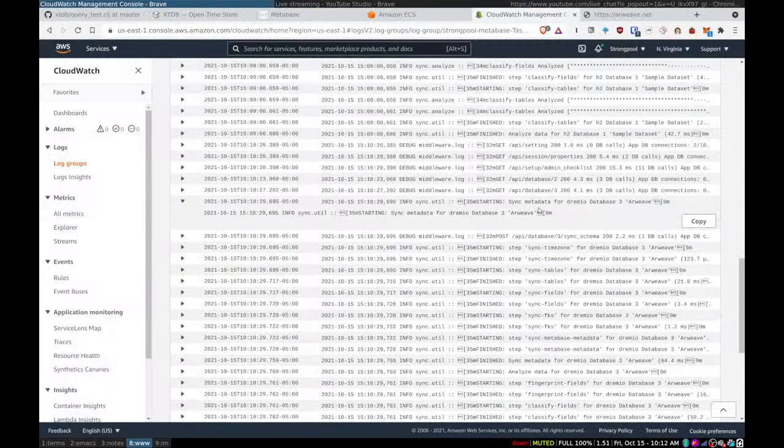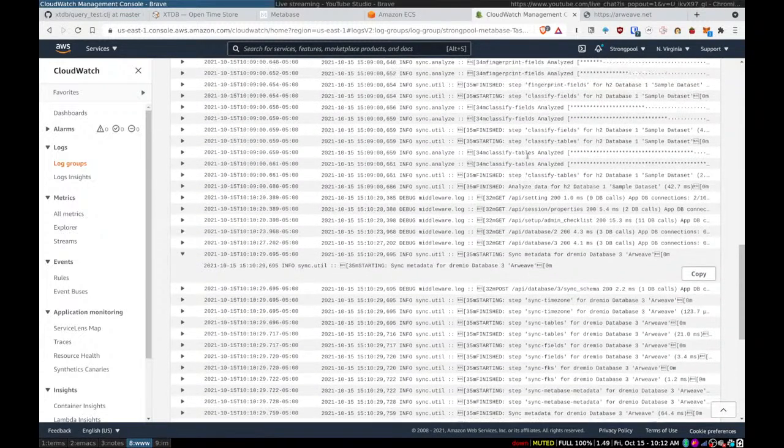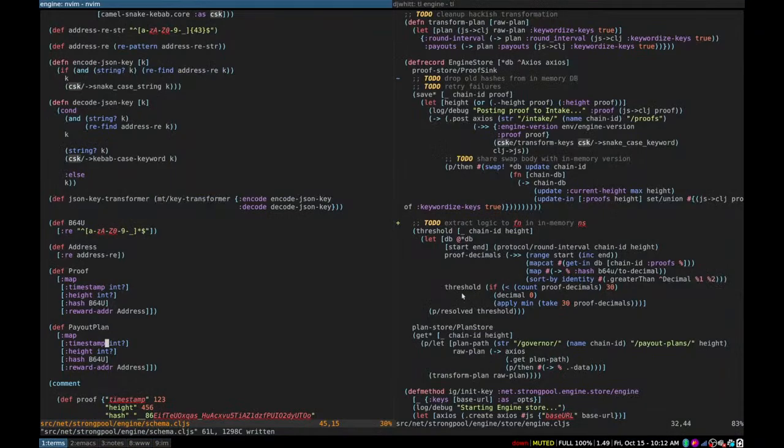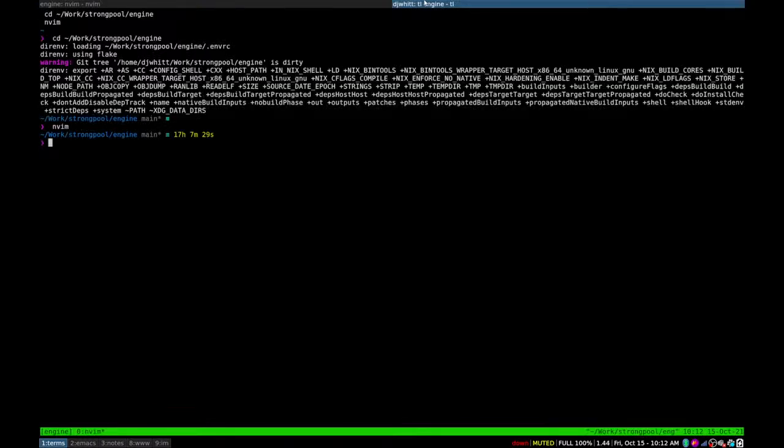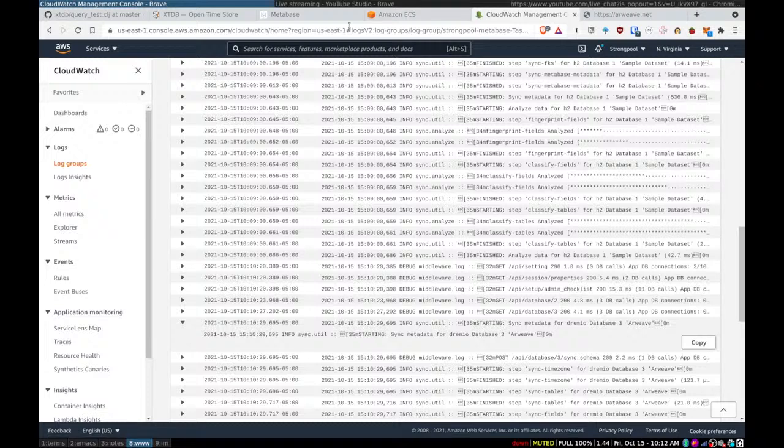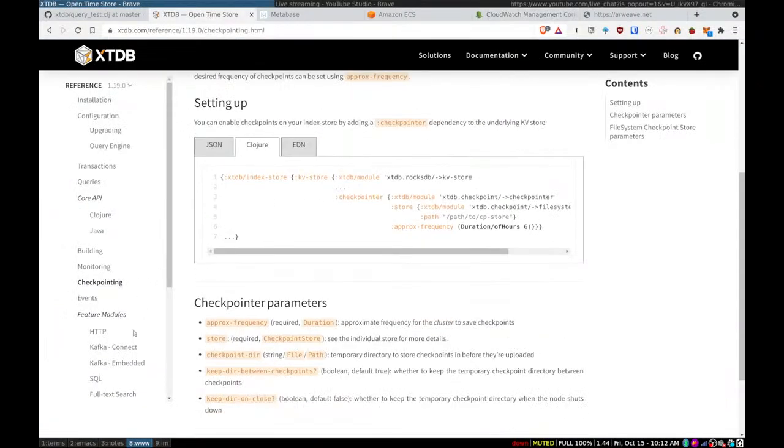Sync, yeah, sync metadata. Let's try, okay. Oh man, I always forget the name of that thing. I'll have to look it up. There's a command line tool, but I use it sporadically.